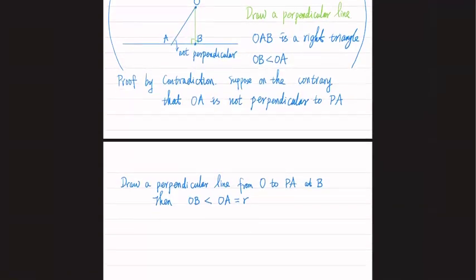The contradiction here is that B is outside the circle.